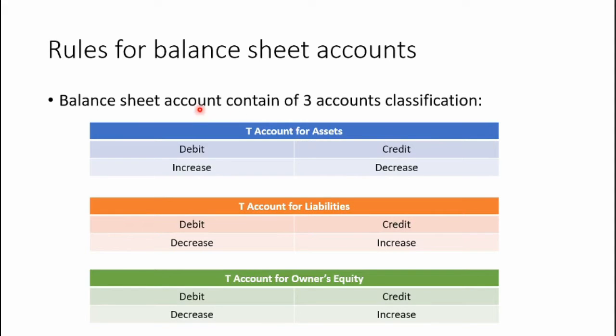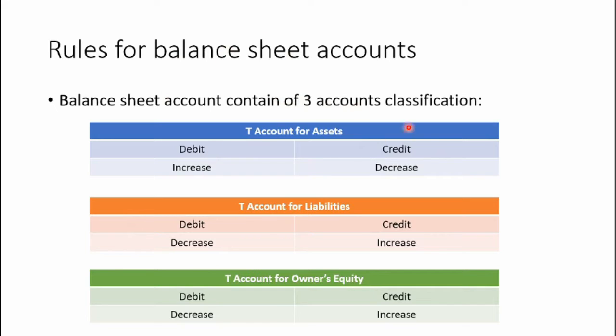So let's say we'll talk about the balance sheet account, which contain of three account classification: asset, liability, and owner's equity. Just like in accounting equation, asset, liabilities, and owner's equity. These three accounts are the one that's responsible for the balance sheet.